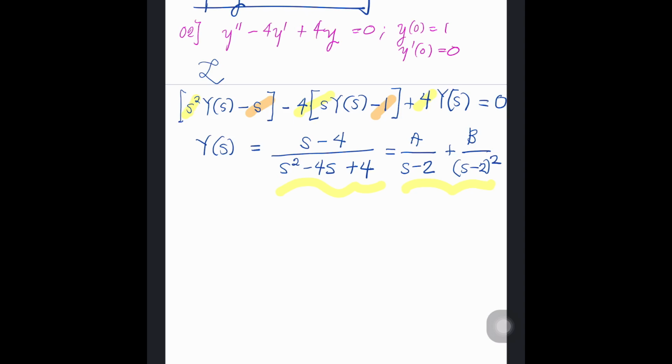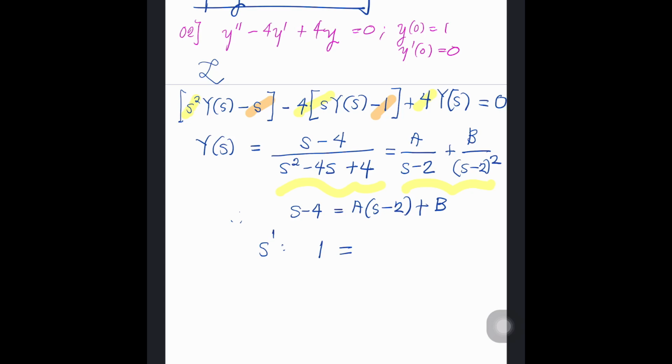Therefore we can write this as s minus 4 equals A times s minus 2 plus B. Okay, and then let's solve the coefficients. The coefficient of s to the 1 at the left side equals 1. On the other side, this is B.